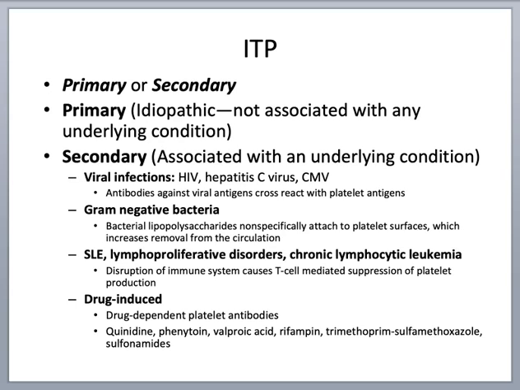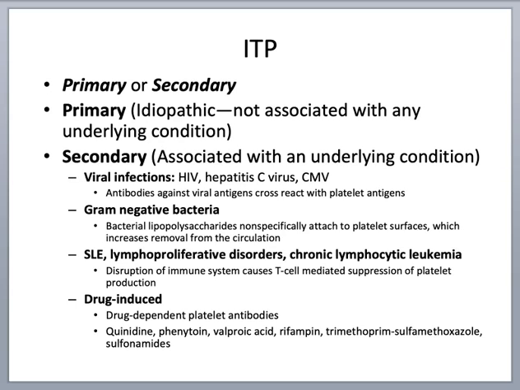In lupus, lymphoproliferative disorders like lymphomas and chronic lymphocytic leukemia, it's a general disruption or perturbation of the immune system which triggers T-cell mediated suppression of platelet production. So a little bit different mechanism than antibodies being coated by something and then being removed.